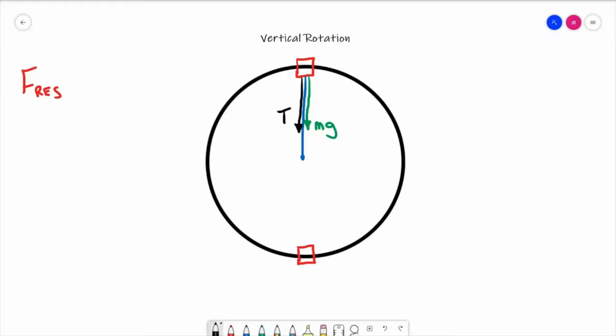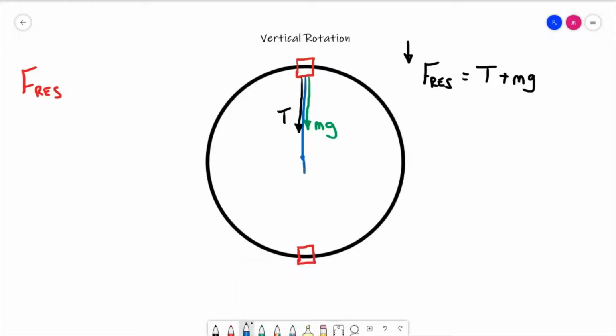Because those two forces are acting in the same direction, the resultant force, and we know that that resultant force is acting down, that resultant force will be the tension plus the weight, and we add them together because they are acting in the same direction.